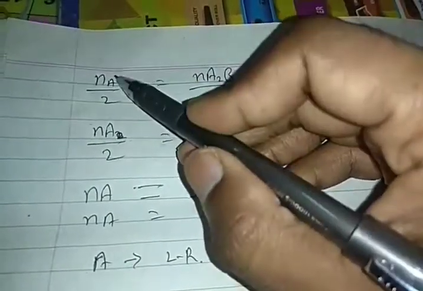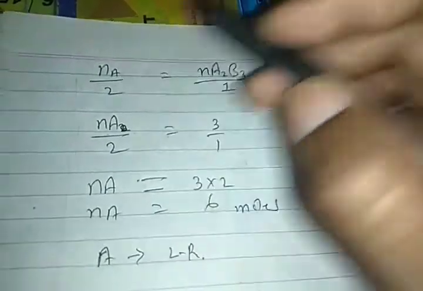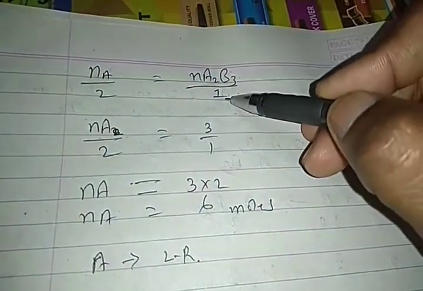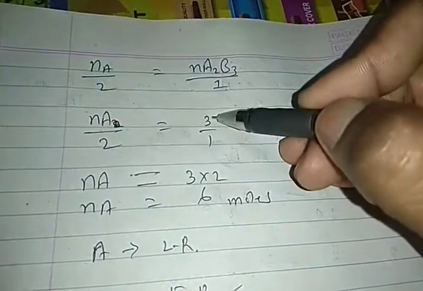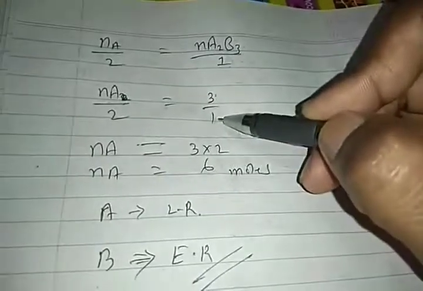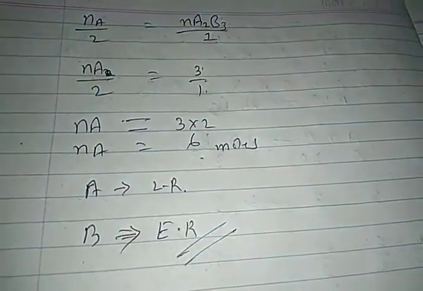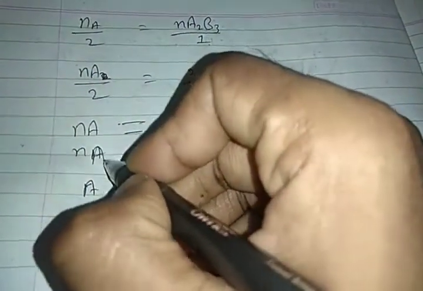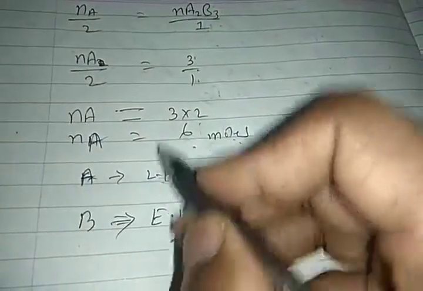Out of 6 moles, how many moles are consumed? We calculate nA by 2 equals nA2B3 by 1, the stoichiometric coefficient being 1. So nA by 2 is 3 by 1. Then nA is 2 into 3, that is 6. So A is completely consumed here, nothing would be left. A is completely consumed and transferred into product.